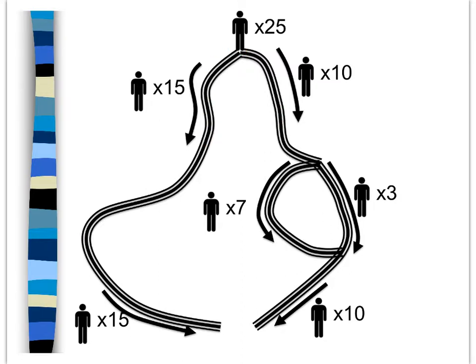We're not going to have people or electrons just disappearing. So 10 go this way, it splits again into 7 and 3, then it comes back together, those 7 and 3 recombine to be 10. If we follow the other branch, 15 go past this point here, 15 would still be flowing past this point here because there are no junctions, there are no splits, so that current just continues on.